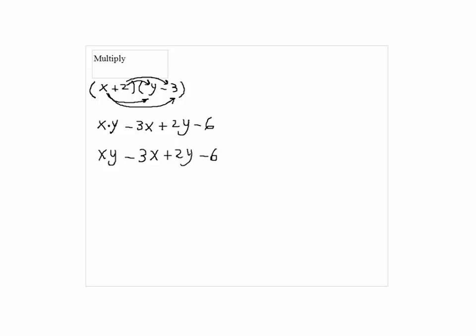Then we multiply 2 by the second parentheses. We get plus 2y minus 6. Now we have to see if we can combine like terms, which in this case we don't have any, no like terms.